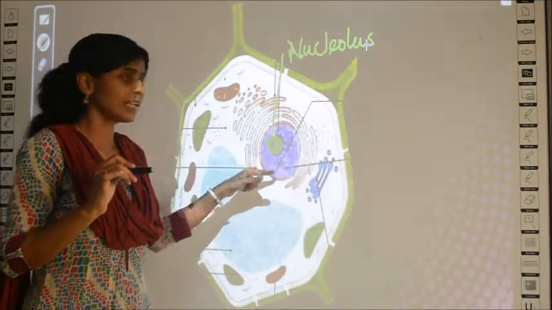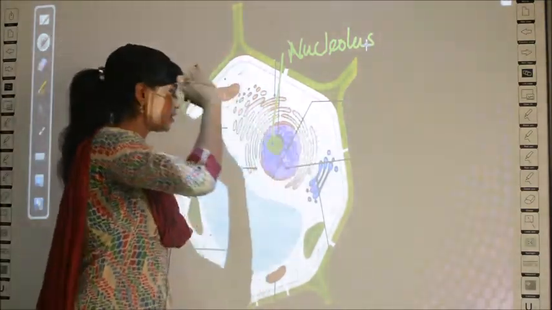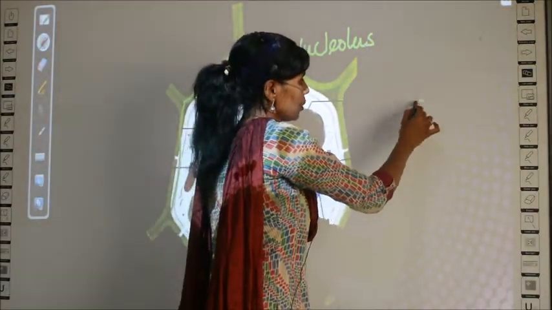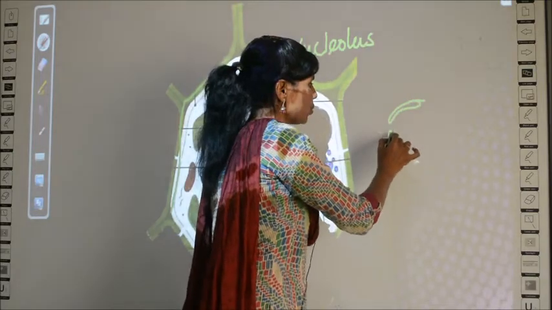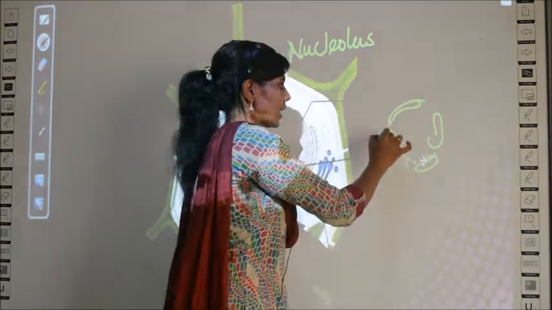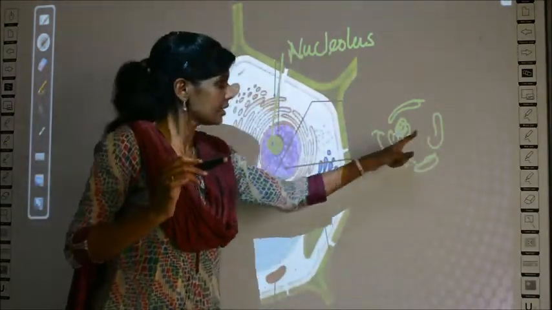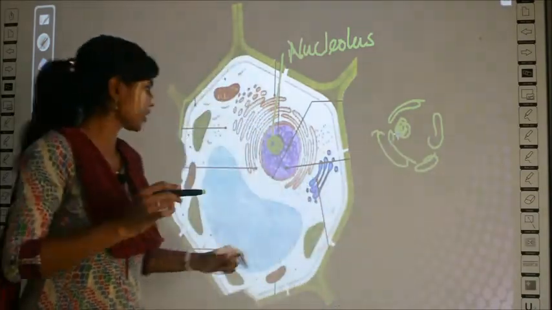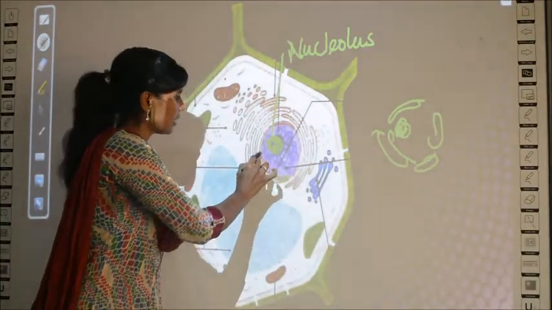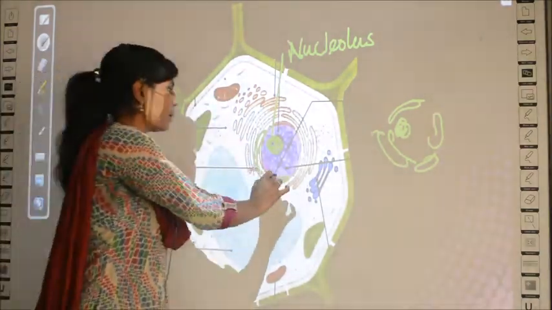And this nucleus, if you see, there are two membranes like this. I will draw here and show you. So, if this is the nucleus, it will have two membranes like this. It will appear like a circle to us, but there will be nucleolus in the center and it will be like a double membrane structure. There will be two membranes here covering the nucleus. So that is called the nuclear membrane.